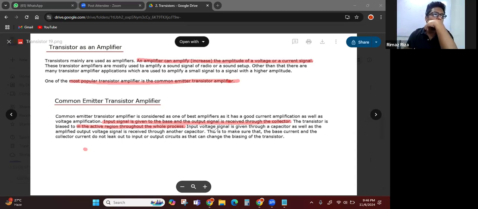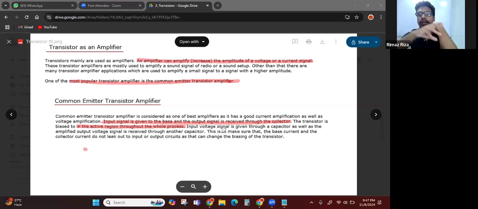Input voltage signal is given through a capacitor, as well as the amplified output voltage signal is received through another capacitor. This is to make sure that the base current and the collector current do not leak out to the input or output circuits, as that can change the biasing of the transistor. Here we want only to amplify the signal.